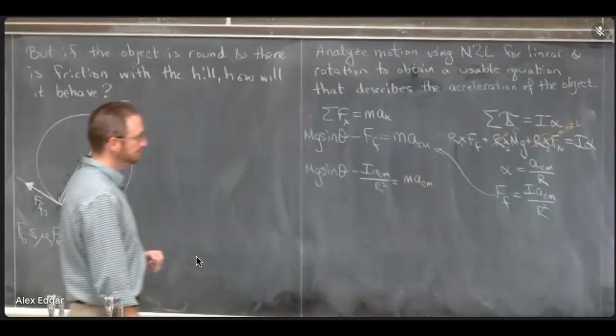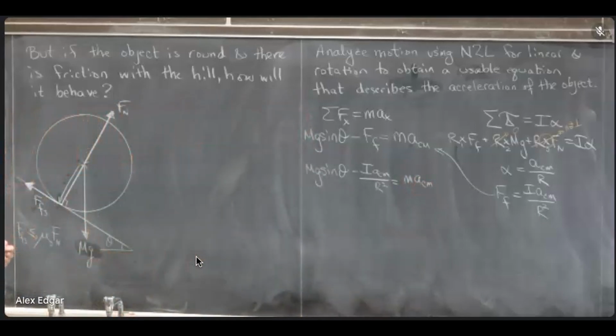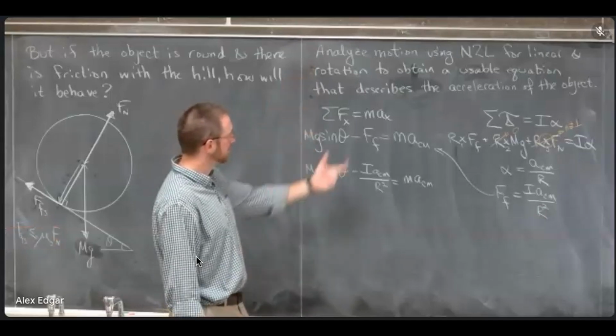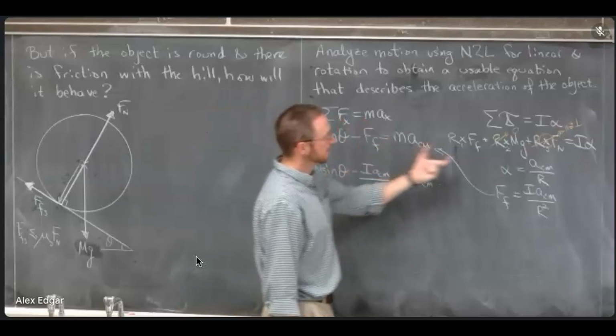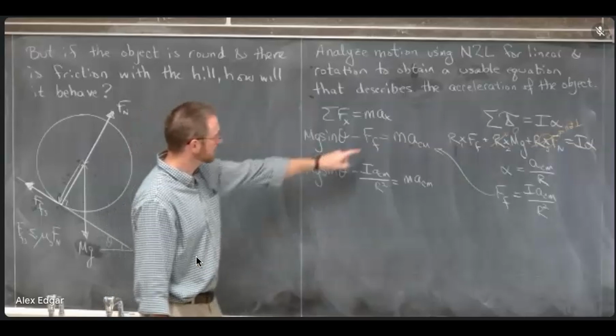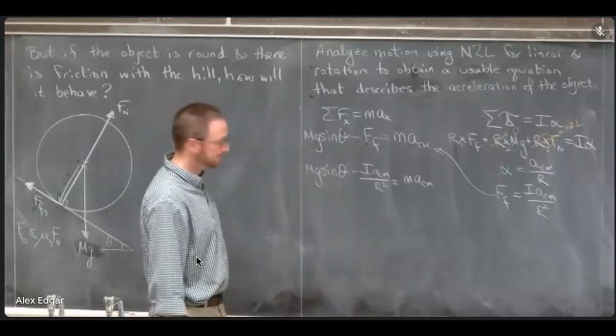and a center of mass. All right, now remember our stated goal is we want an expression where we have a center of mass equals a bunch of things. We want a usable equation that describes the acceleration of the object. And we're going to get that by looking at Newton's second law linear, Newton's second law rotational, and then combining them to deal with the fact that we don't know what the static friction is.